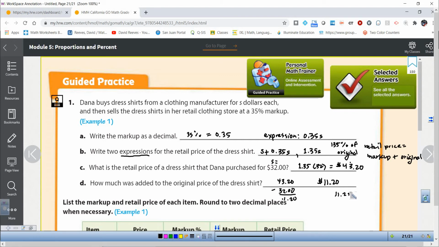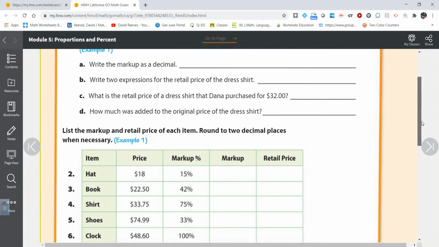That means that $11.20 is 35% of the original price that they gave us of $32. Just a little side note, they didn't ask for that, but I always give you extra information because that's the kind of math teacher that I am.